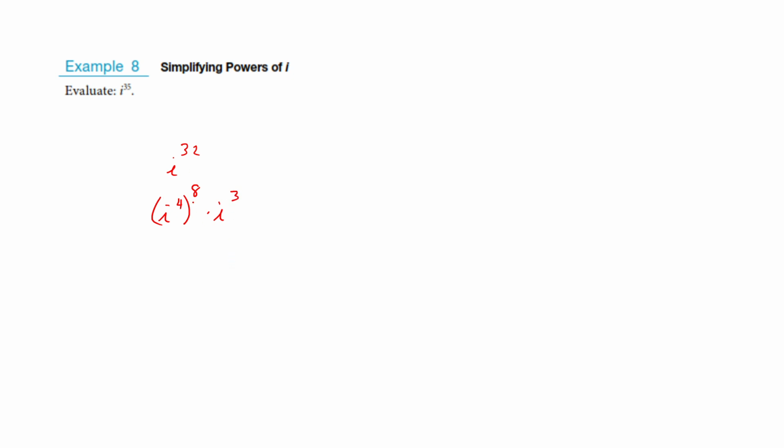Now, I don't need you to do this. I'm just trying to show you all of this is just 1. So the way I'd recommend you think about this is i to the 35th is just turn it into the remainder, because the rest of it is just 1. If I divide this by 4, the closest I can get is 32. That leaves me a remainder of 3.